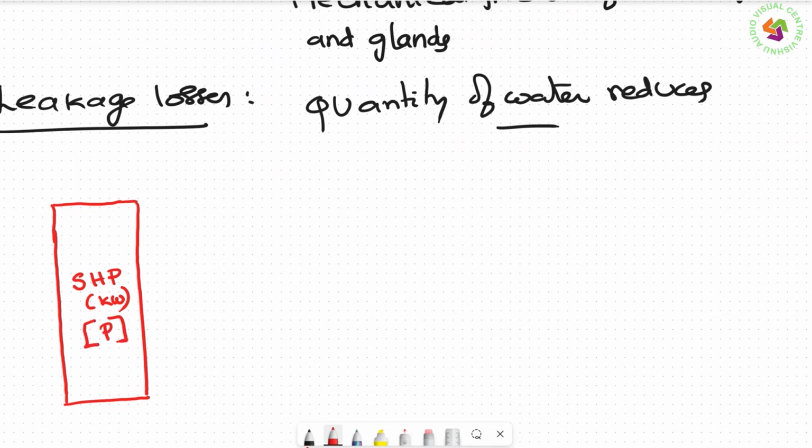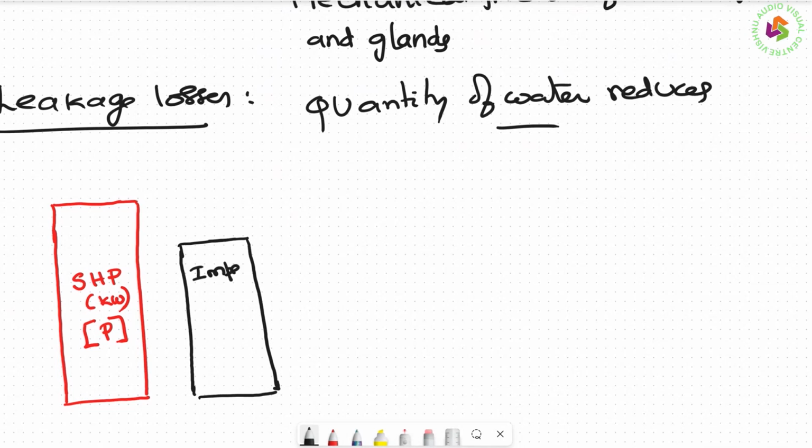If from the shaft horsepower I reduce the mechanical losses, because from the shaft it comes to the impeller, this is the impeller power. What loss is it from the shaft to the impeller?